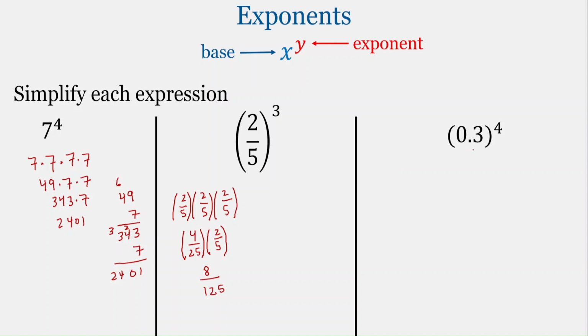So now we have the decimal 0.3 raised to the 4th power. So we will multiply 0.3 4 times. Again, when we raise something to the 4th power, that means we're multiplying whatever that base is 4 times.